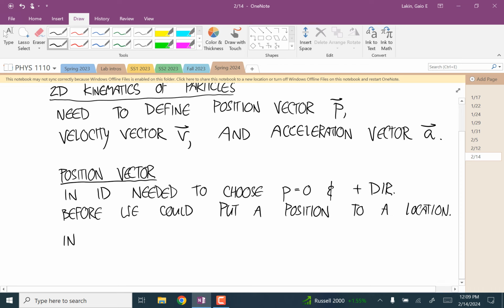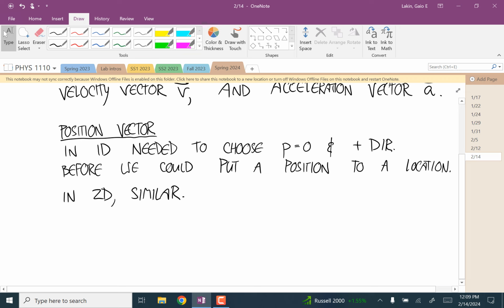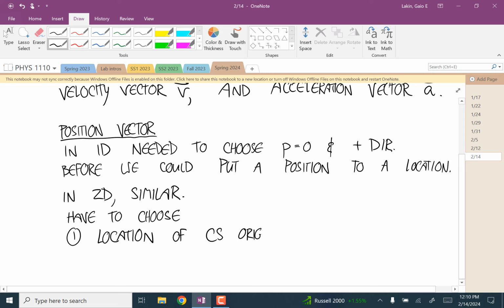In 2D, it's similar, but now we're talking about stuff in the plane. So in 2D, you have to choose the location of the origin of the coordinate system in the real world.